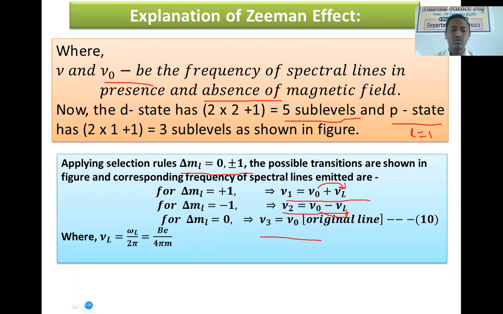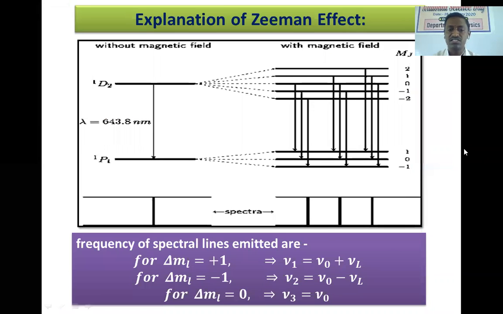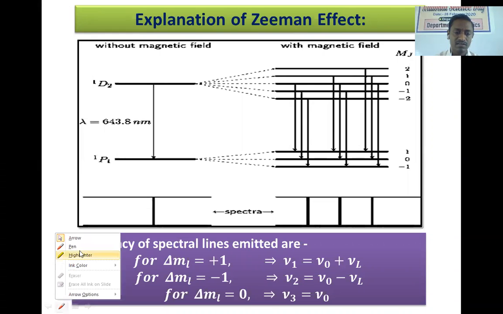Okay, now in the figure I have shown all these transitions, and the frequencies of spectral lines are shown in the table. Okay, see here, in the absence of magnetic field, what happens?